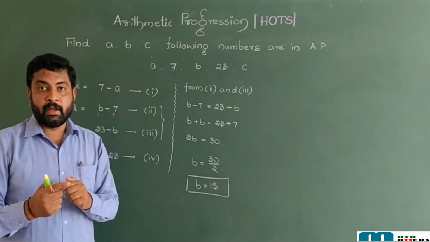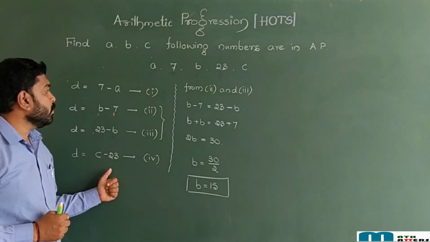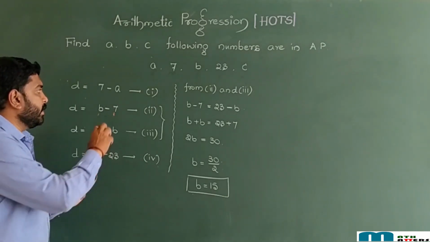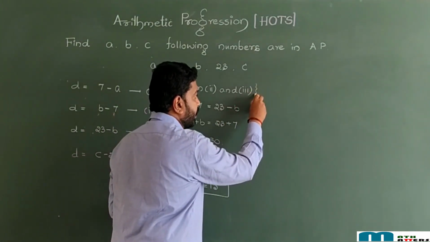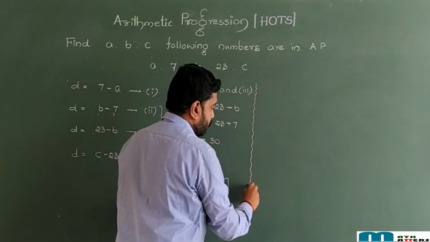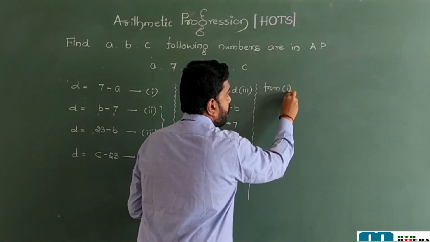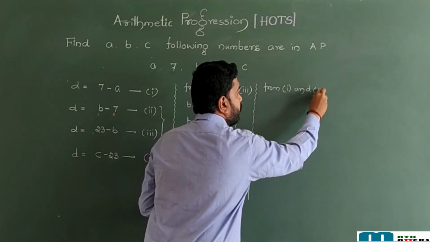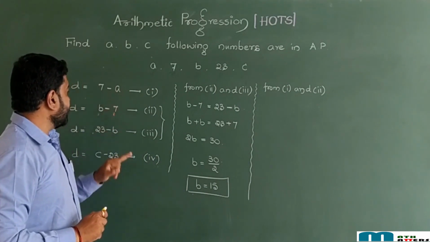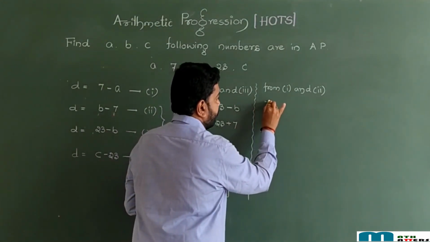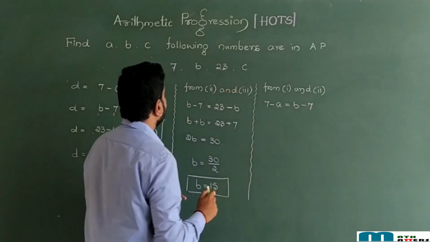Still I need to find the values of a and c. So now I will equate equation 1 and 2. From 1 and 2, if I equate, 7 minus a is equal to b minus 7.